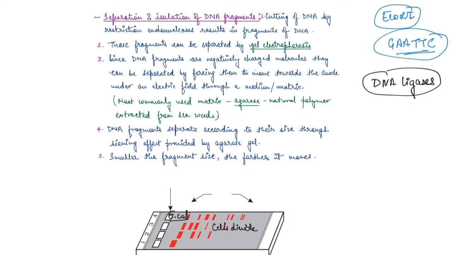Since the DNA fragments are negatively charged molecules, we separate them by forcing them to move towards the anode. We put them under an electric field through a medium, and usually this medium or matrix is a gel, which would always be agarose gel.